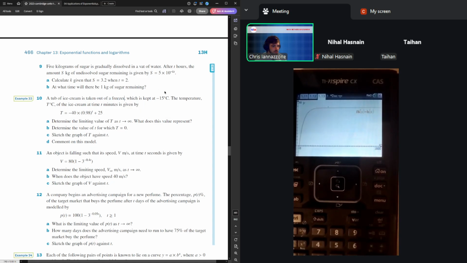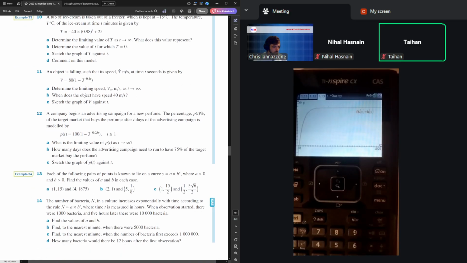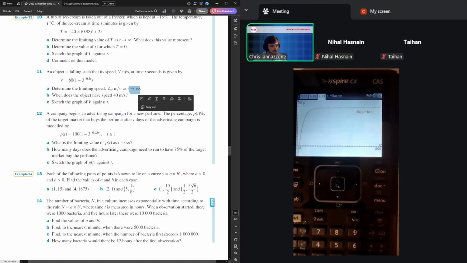And as we know, all things sort of tend towards the temperature of the room, whether they're hotter or colder. Sweet. Again, we're saying limiting value, limiting speed, limiting anything. It's the same idea. Limiting is just your limits, or subbing in t equals infinity, or just knowing how this works.